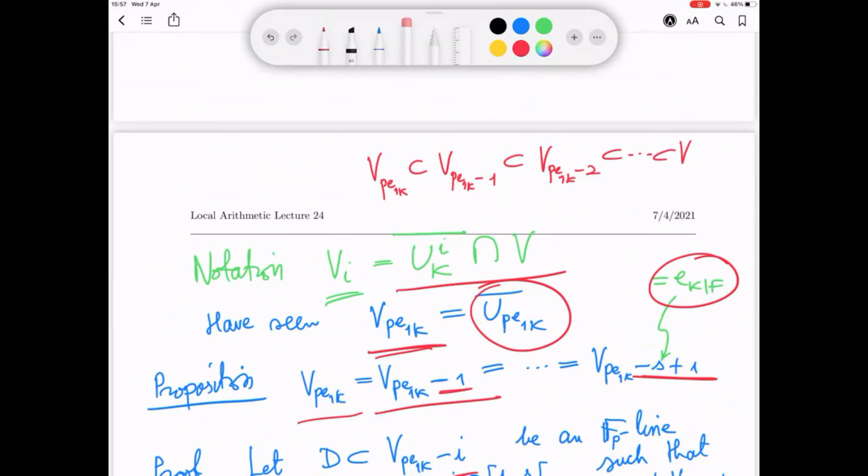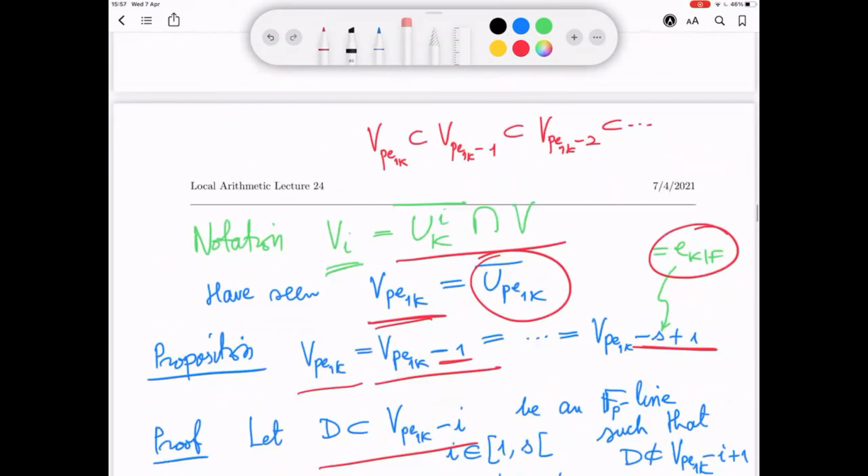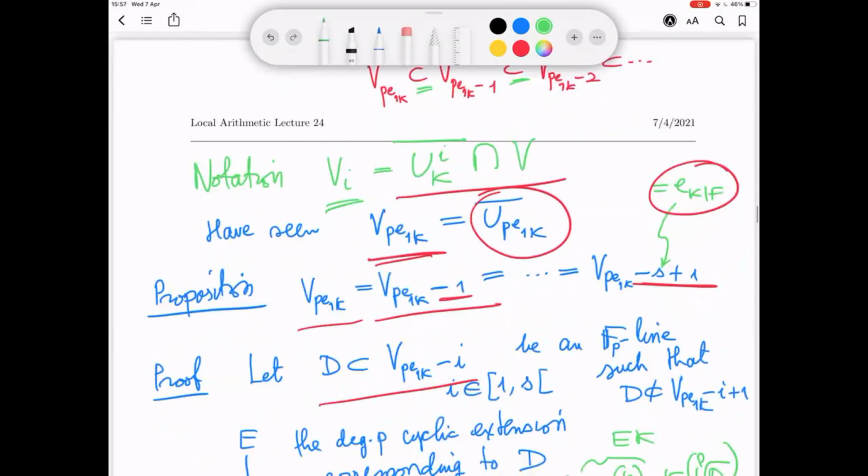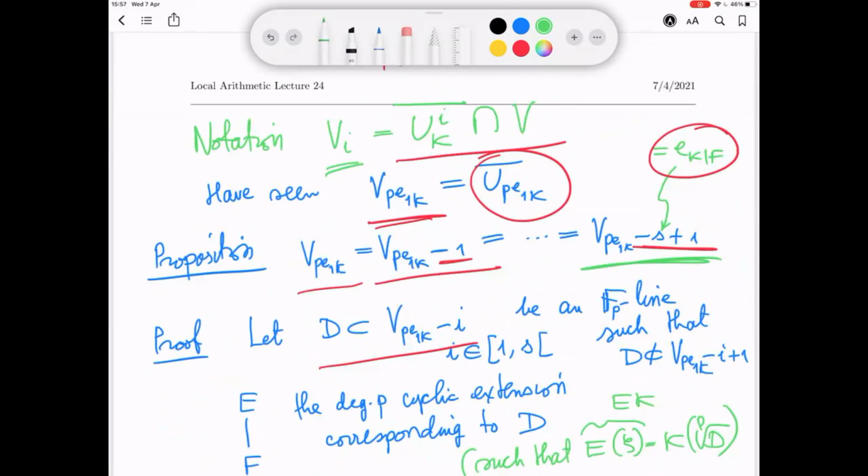So what I'm proving is that you have actual equality. You have equality for at least up to this point.